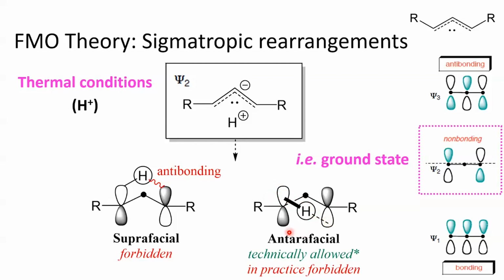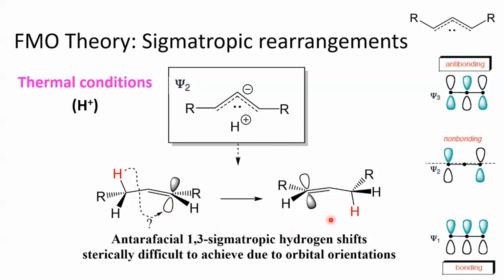Now, while technically this could be allowed, if we think about the sterics involved of transferring a hydrogen atom located up here, diagonally down between these orbitals, and then winding up down here below the pi system, in practice this is too hard to achieve. The sterics simply don't allow it to occur. So effectively, if you tried this reaction under thermal conditions, it's just not going to work. It could theoretically work this way, but sterically, it's just too hard. The orbital orientations just don't work out.